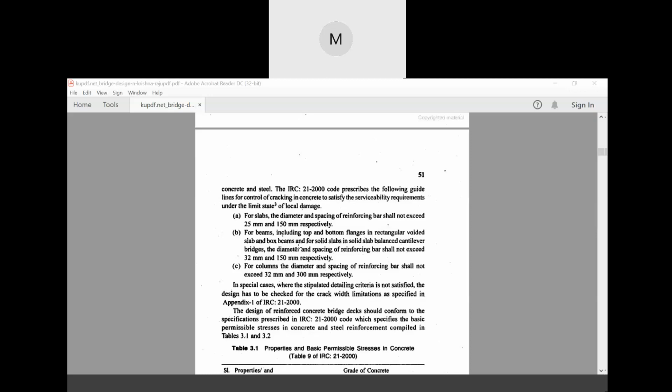For columns, the diameter and spacing of reinforcing bar shall not exceed 32 mm and 300 mm respectively. Okay. Now, in special cases where the stipulated detailing criteria is not satisfied, the design has to be checked for crack width limitations as specified in Appendix 1 of IRC 21 2000. Fine.